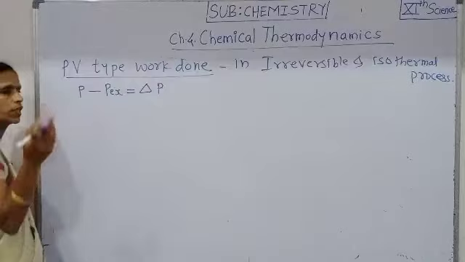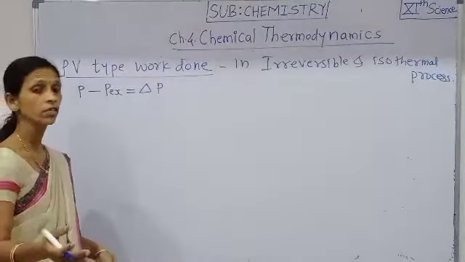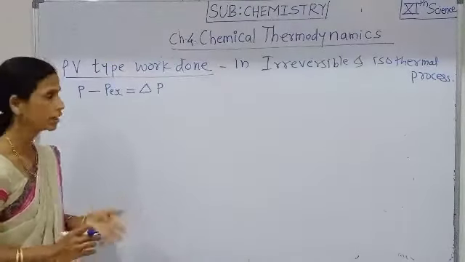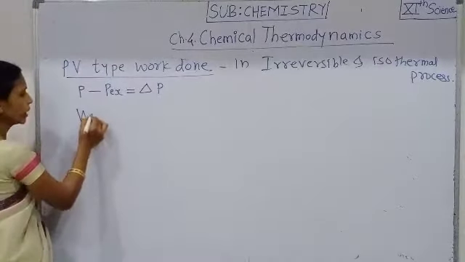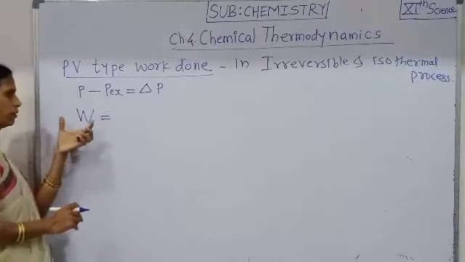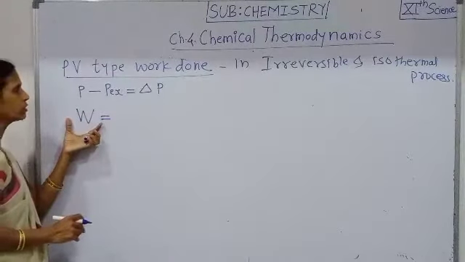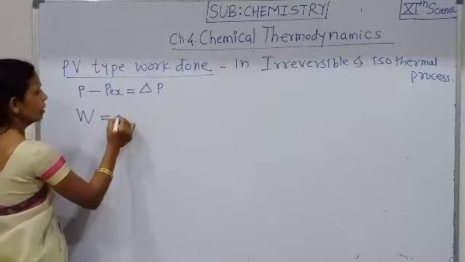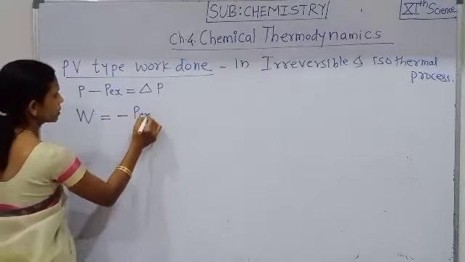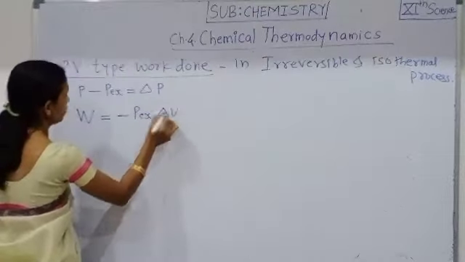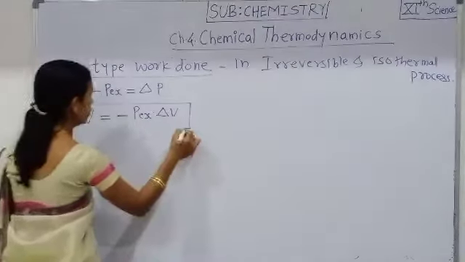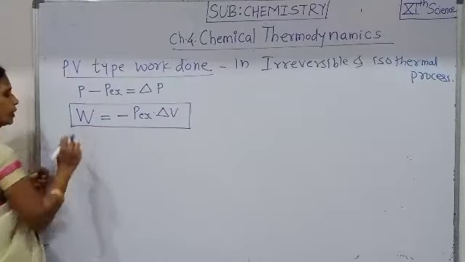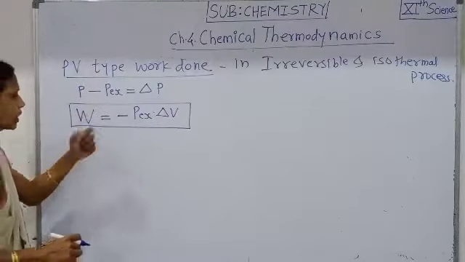All of you studied the derivation of PV type work done, and therefore we can obtain the expression for PV type work done, that is W is equal to minus PEX into delta V. That is the mathematical expression obtained for PV type work done.